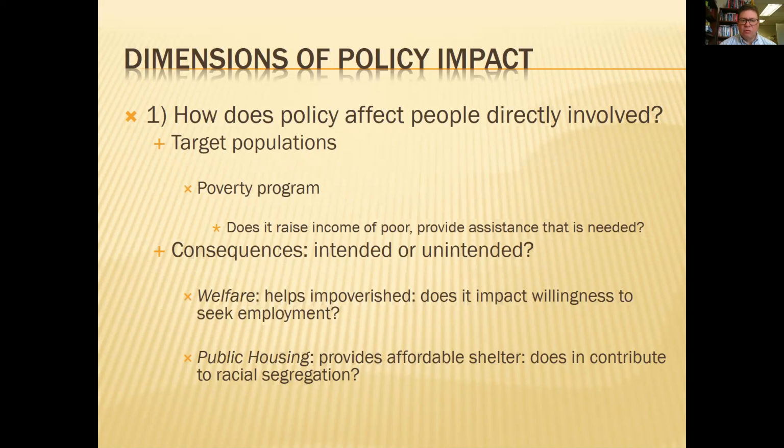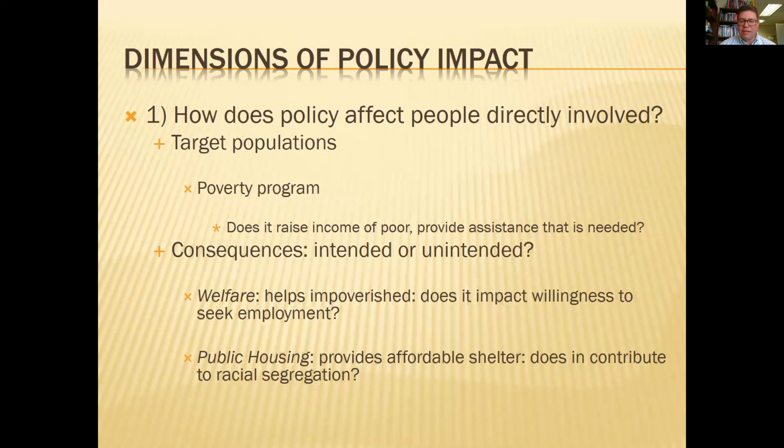Now, some of the things that we can think about here is that for policies, there can be intended or unintended consequences. So just a couple of things where we might see an unintended consequence. When we take a look at welfare programs, shifting income to poor people, does it actually help people?